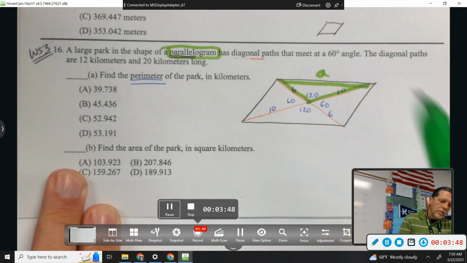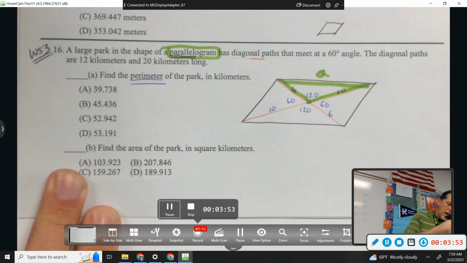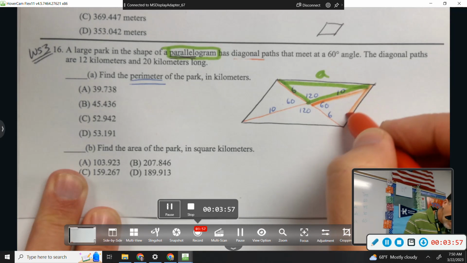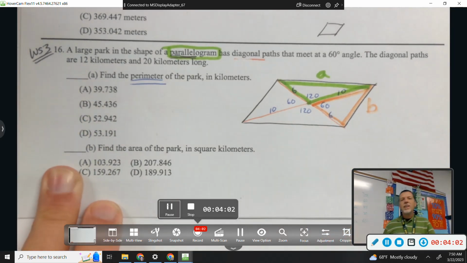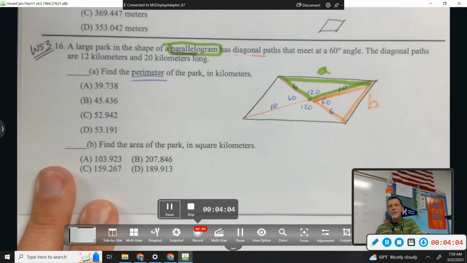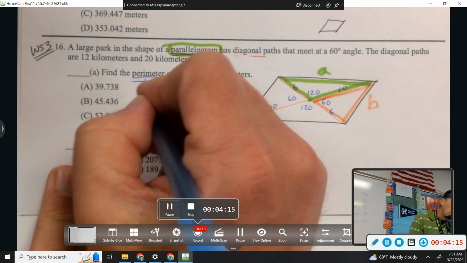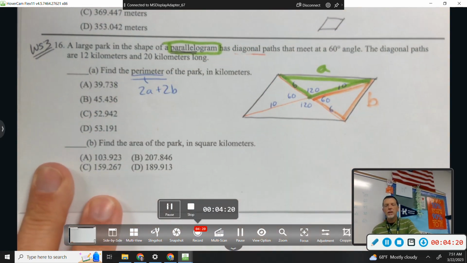Let's just go A and B. So I'll need to find A, and I'll need to find B. And let's plan ahead here. What will the perimeter be once I know A and B? 2. Yeah, just making sure we get 2 of each of them. So the perimeter will be 2A plus 2B when we find A and B.